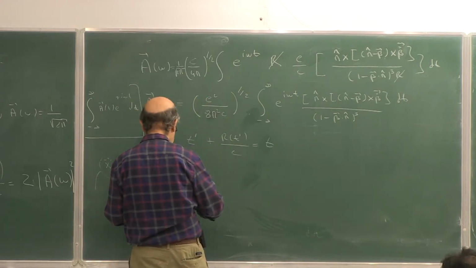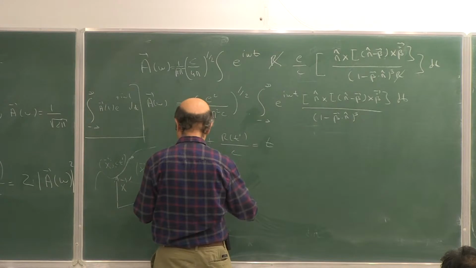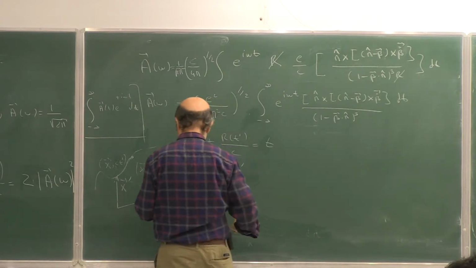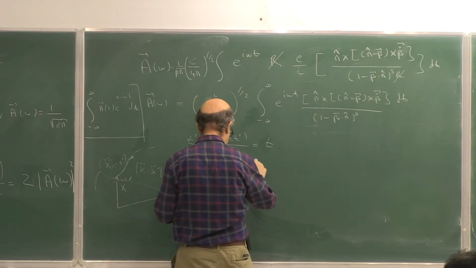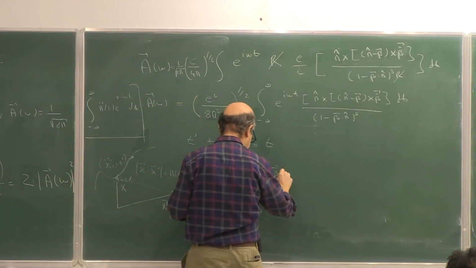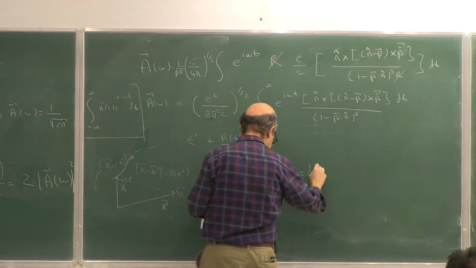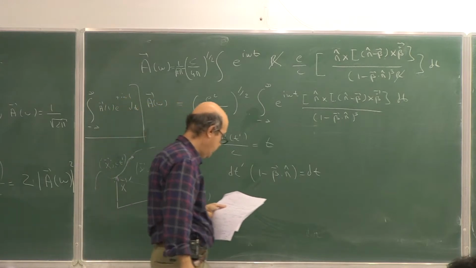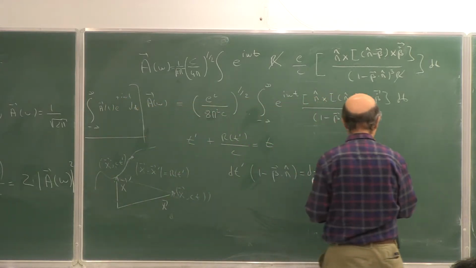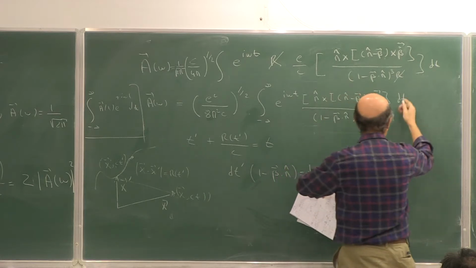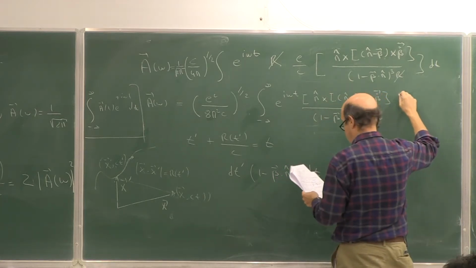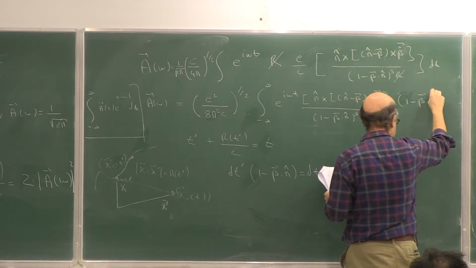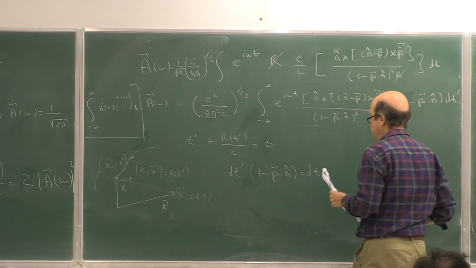So again, like we did in the previous case, we can write dt prime 1 minus beta dot n dt. I am not doing the same things again and again. And we can convert the integral to the following format. So basically, instead of dt, I can write 1 minus beta dot n dt prime.